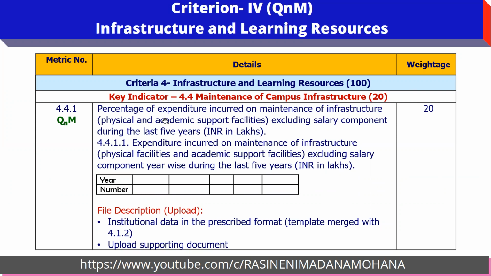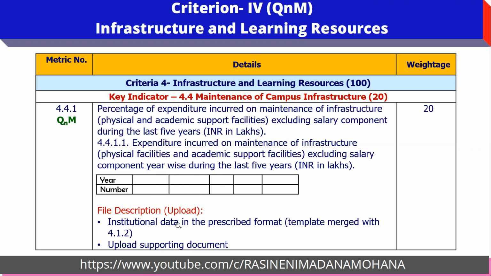The question is, percentage of expenditure incurred on maintenance of infrastructure, physical and academic support facilities, which excludes salary component, during the last 5 years. In the following table, we have to provide year-wise the total expenditure incurred on maintenance of infrastructure related to physical and academic support facilities. Suppose latest year 21-22, the total amount in lakhs rupees, and so on to the fifth year.